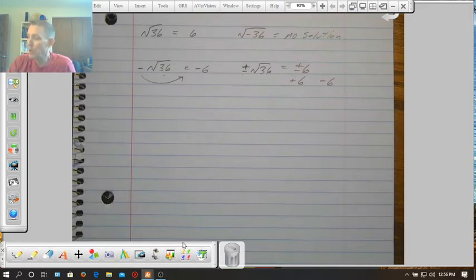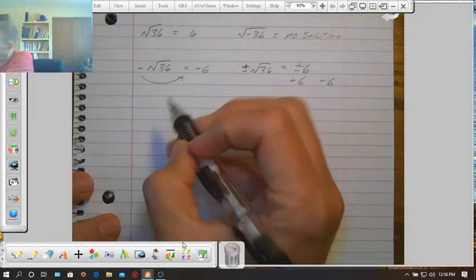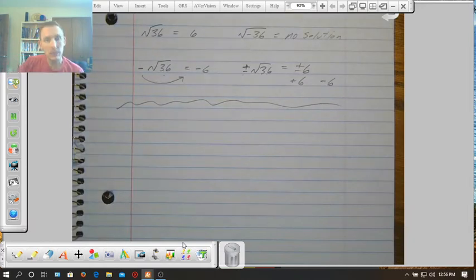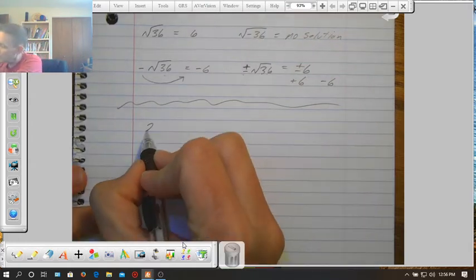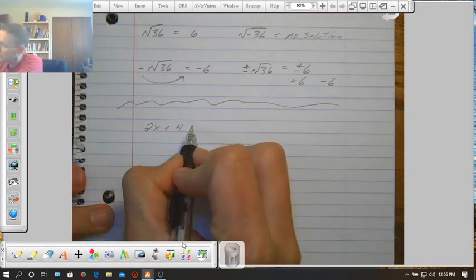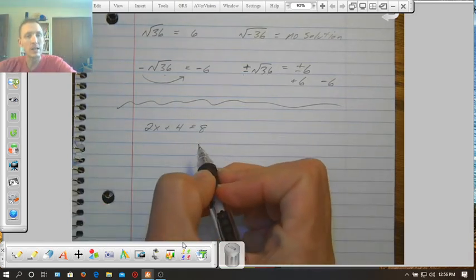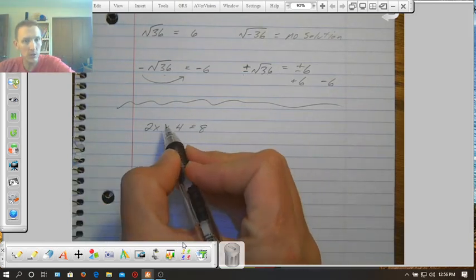All right. As we continue to work through this, we then need to take our square root problems and talk about how we will use these in an equation. If we think back to very basic equations, we can have a two-step equation that looks like this. Now, when we solved equations that looked like this, our goal was to get x alone.